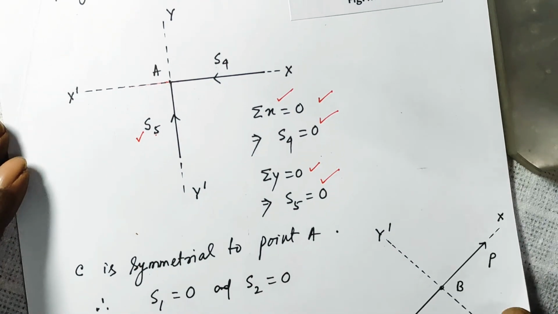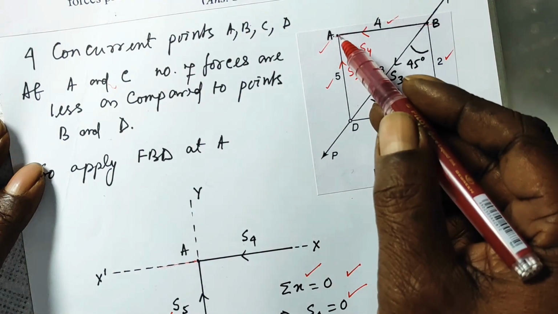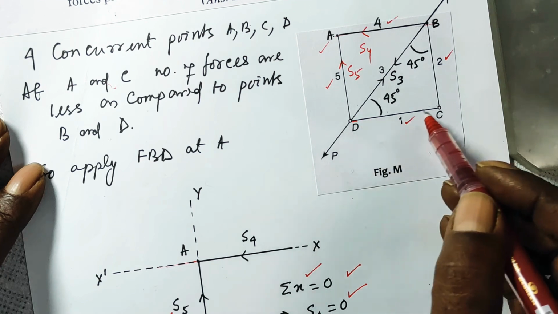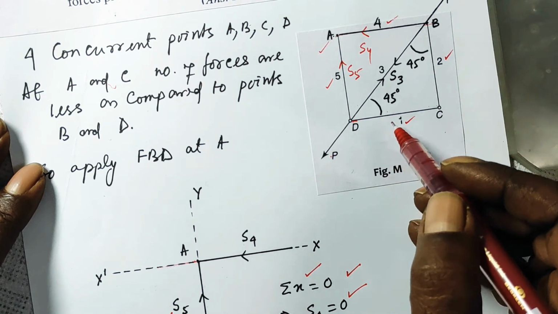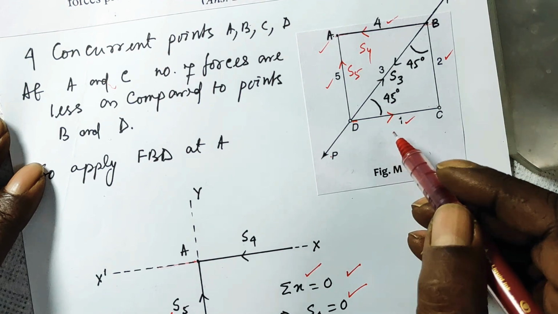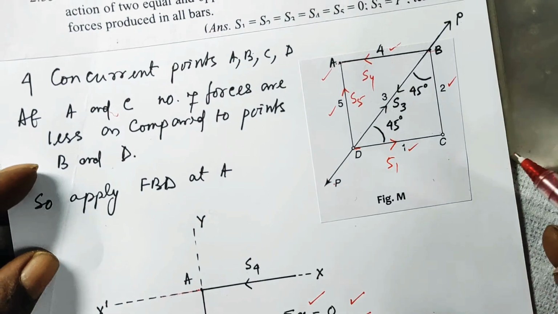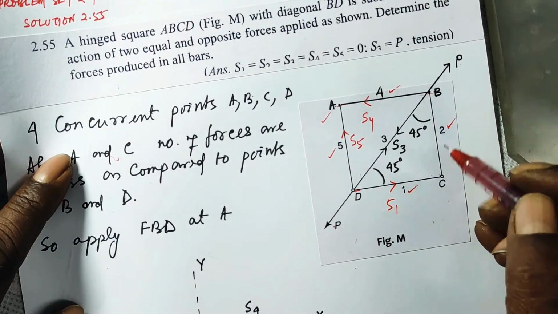Now, if you look at point C in the original diagram, C is exactly symmetrical to A, and this bar, due to this force, will be under extension. So S1 will be to this side, and due to this force, the bar CB will be under extension.